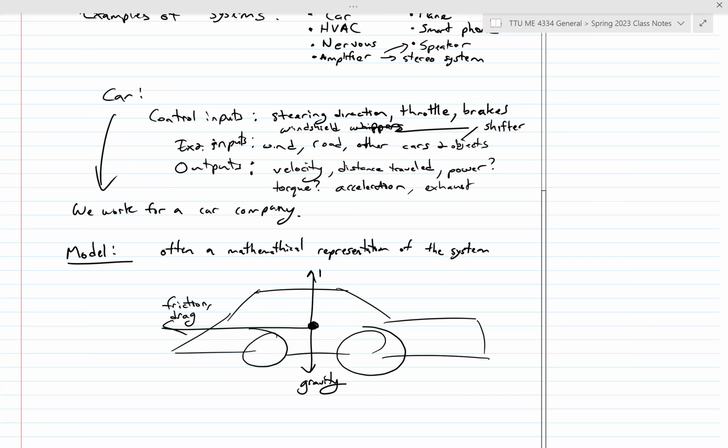Normal force, sure. Weight, that's still part of gravity, is what I'm saying here. That's actually weight, so same thing. What else? Right, propulsion. We need this car to move forward, so some sort of propulsion or thrust.